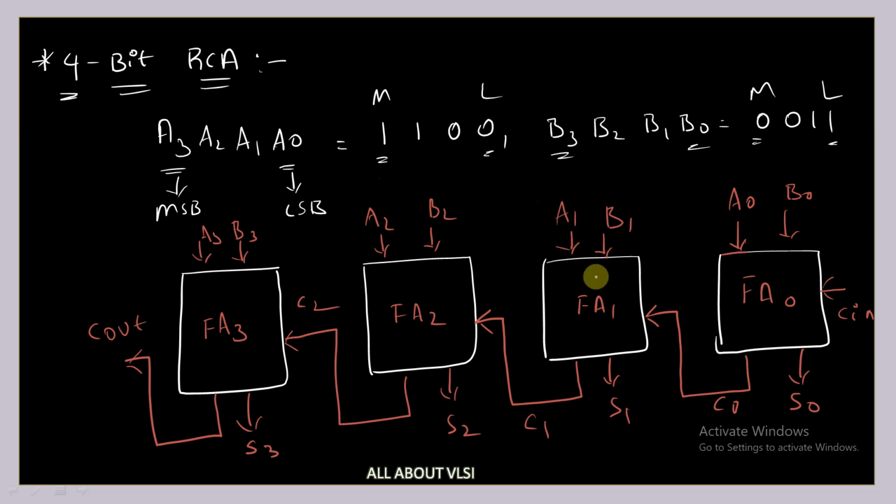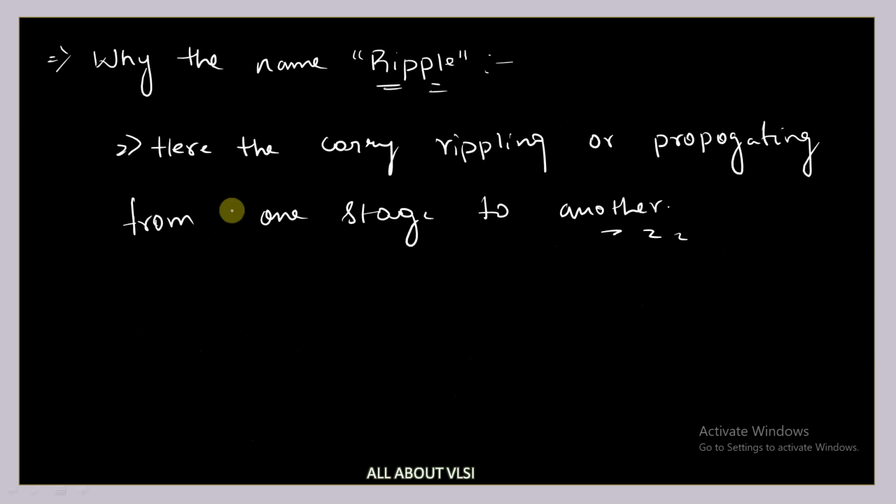Let's say FA1 is waiting for the carry to be generated from the previous stage. Unless the carry from the previous stage has been generated, FA1 is not going to give you the sum. FA2 is waiting for the carry generated in the FA1 stage, so unless that carry is generated, FA2 is not going to give you S2. Same for FA3, which is waiting for the carry from the previous stage, so there is a dependency.